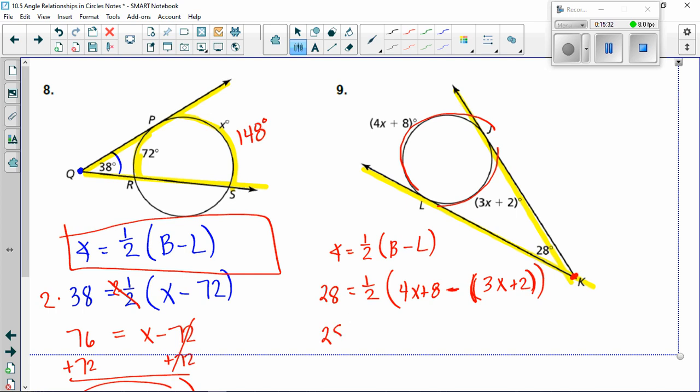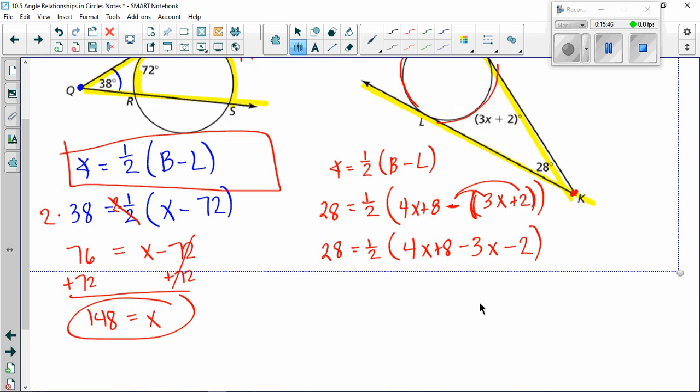So 28 is equal to half of 4x plus 8 minus 3x minus 2 if you want to distribute. So now 28 is equal to half of 4x minus 3x, which is x, and 8 minus 2, which is 6. So now I'm kind of back where I started.